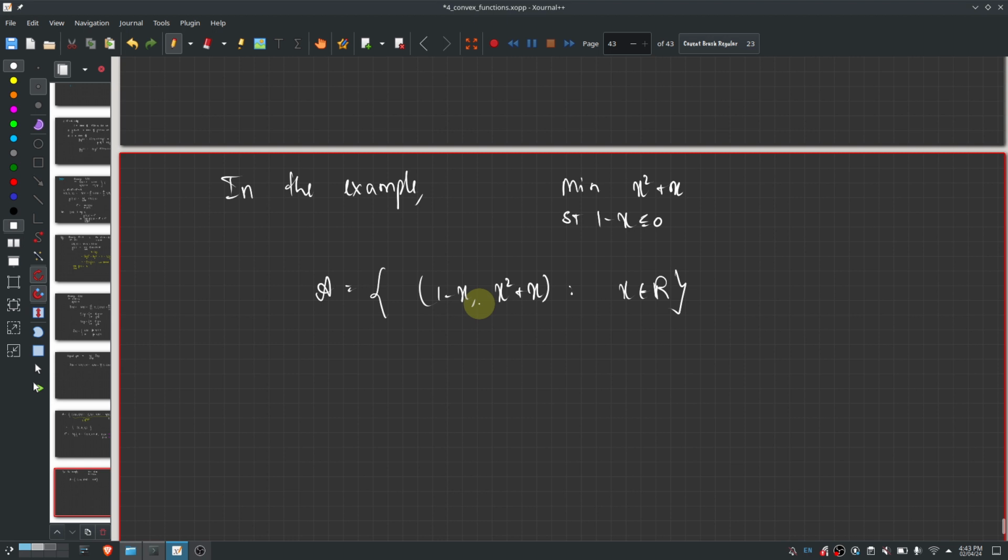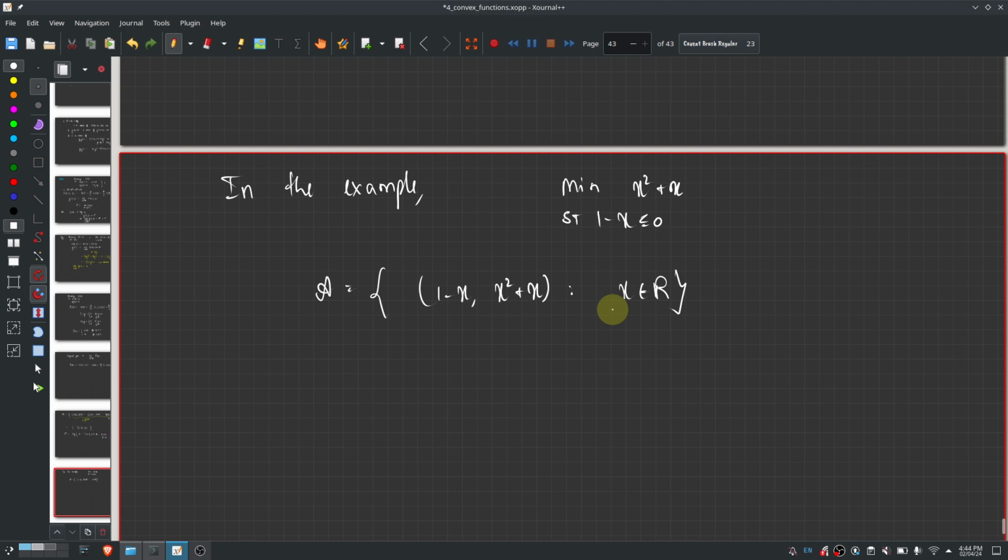But X is in R. So this is the set. Here I'm assuming that X is in R. X can be anything. It's allowed to take negative values. So any guess what this set would look like? We don't have to describe it exactly, but geometrically, what would it look like?